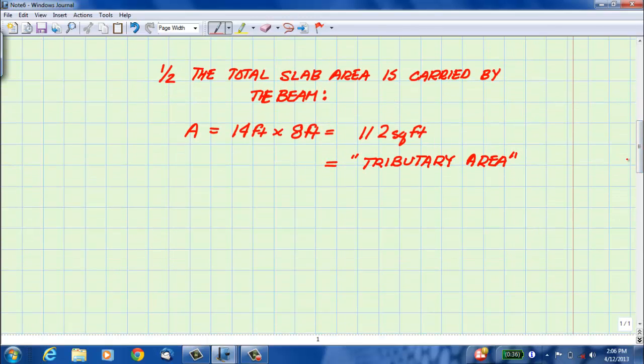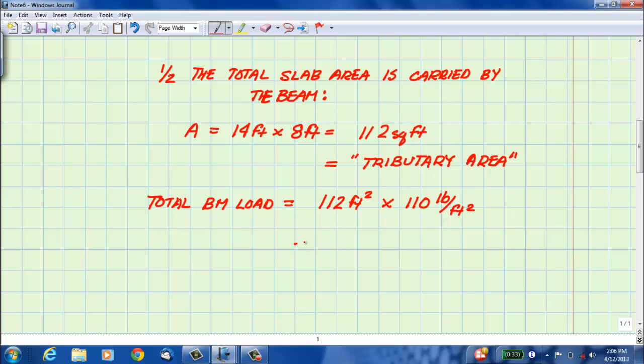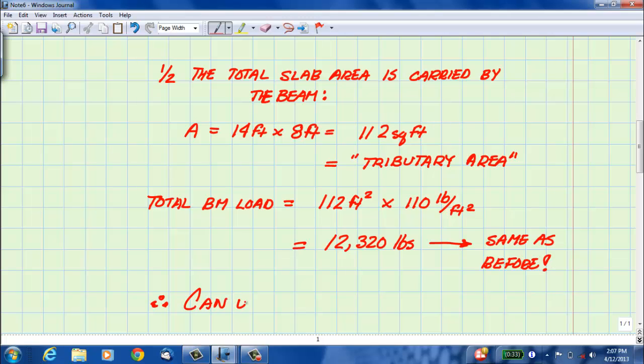The total load on the beam can then be calculated from this area. It'll be 112 square feet times the floor load, 110 pounds per square foot, or 12,320 pounds. This is the same load we found before. Therefore, we can use the tributary area method to quickly find the load on a member.